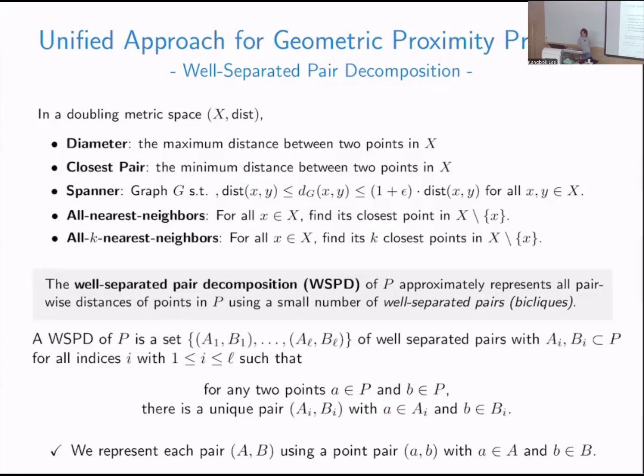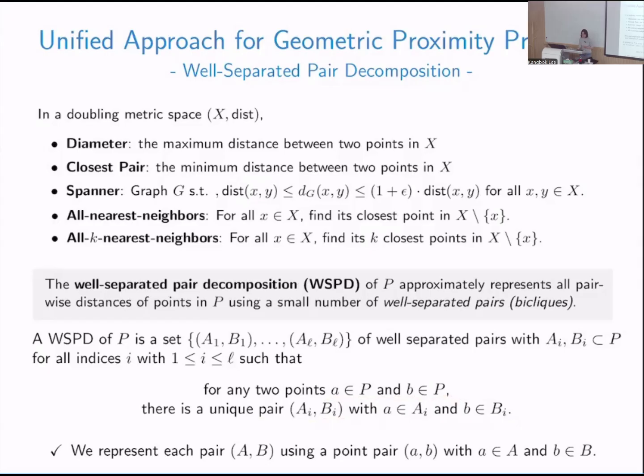And it is known that the well-separated pair decomposition is defined as follows. It is a set of well-separated pairs. So here, this is a well-separated pair, and this is a well-separated pair. And the constraint is that for any two points from the initial point set, there exists a unique pair such that a is contained in the first element and b is contained in the second element.